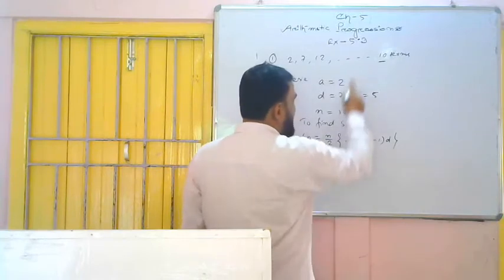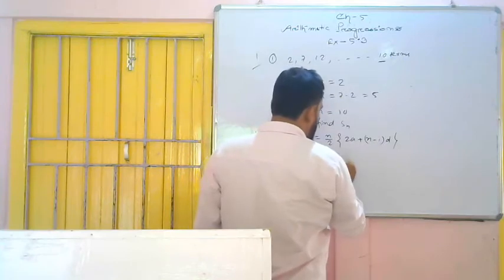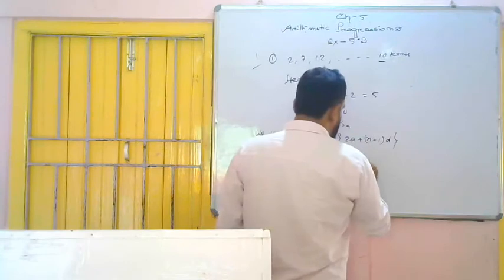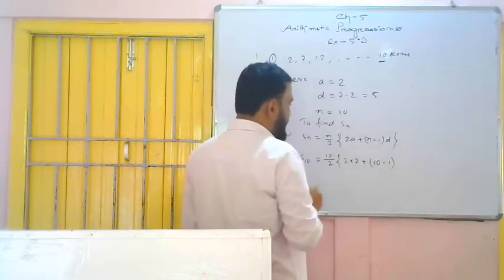As n is 10, 10 by 2 into twice a, plus 10 minus 1 into d, which is 5.